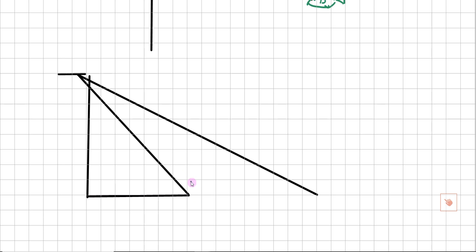So remember, this person's angle of elevation would be this angle, and the angle of depression is when you look straight out and then look down. So actually, the angle of depression from the top is the same as the angle of elevation from the bottom. But what a lot of people do is they draw the triangle and then say, well, that must be the angle of depression.